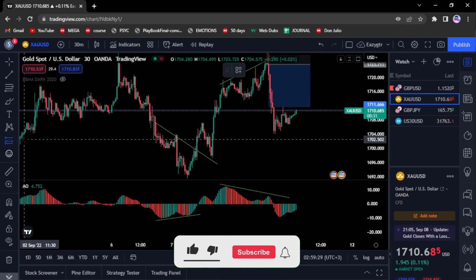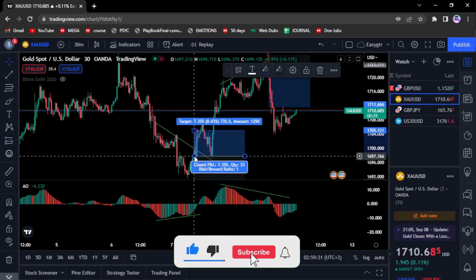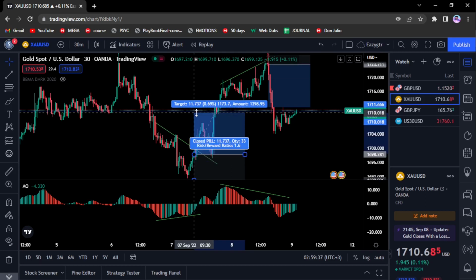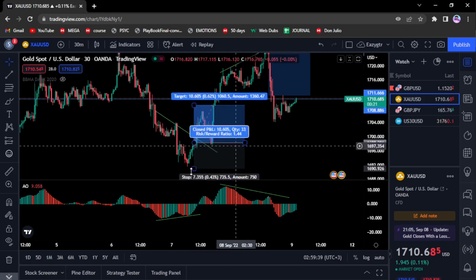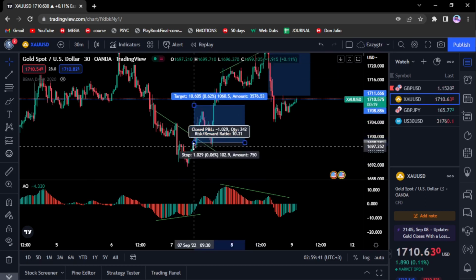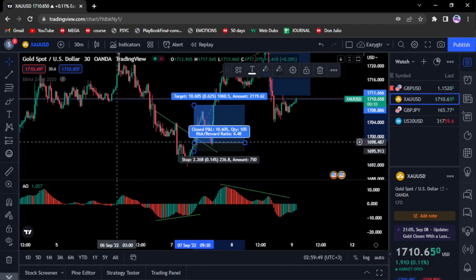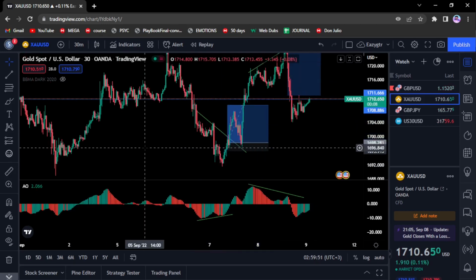Here's where I'd have my first entry. Have your take profit at 100 pips, stop loss at around 10-20 pips for a 1 to 4 risk to reward ratio. So that's the second trade.